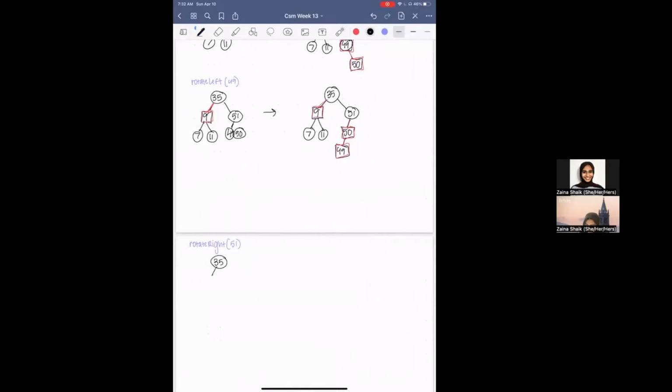And we can also do the sub-step after drawing it out.